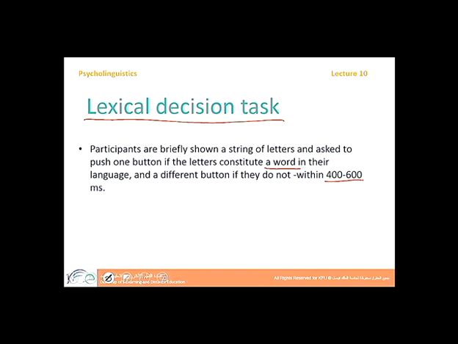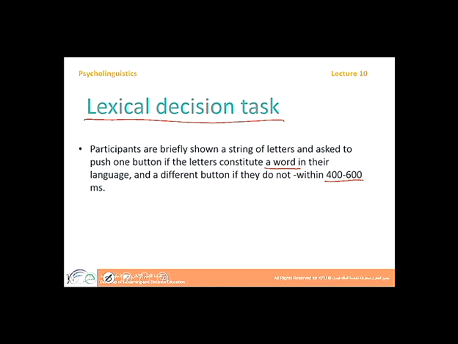And then the computer will calculate how long it took you to say yes, this is a word, or this is not a word. The computer will calculate. So for example, if I show you the word milk, and then you say yes, it's milk, it's a word, the computer will tell me that you responded in 200 milliseconds.